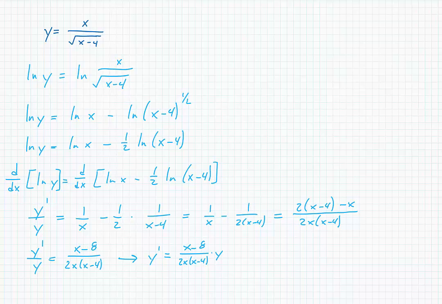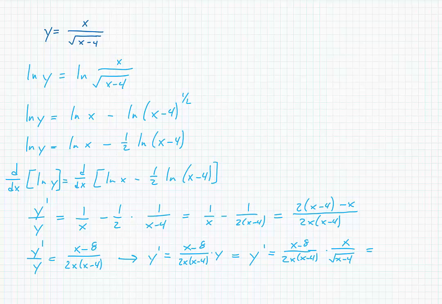And that gives us an implicit derivative, but we have an explicit rule for y. So we can say that y prime is equal to x minus 8 over 2x times x minus 4 times x over the square root of x minus 4.